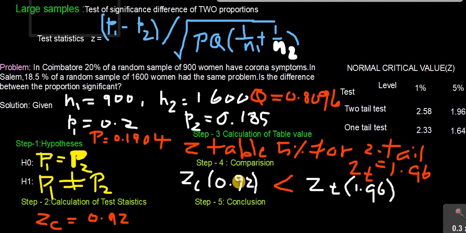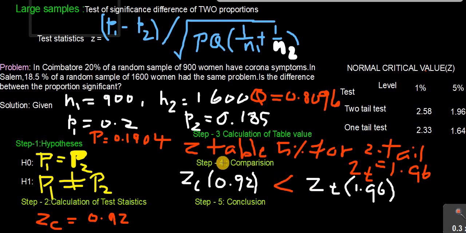So this calculated value is less than the table value. Am I correct? Yes. So already I told you that if this is the case, H0 should be accepted.